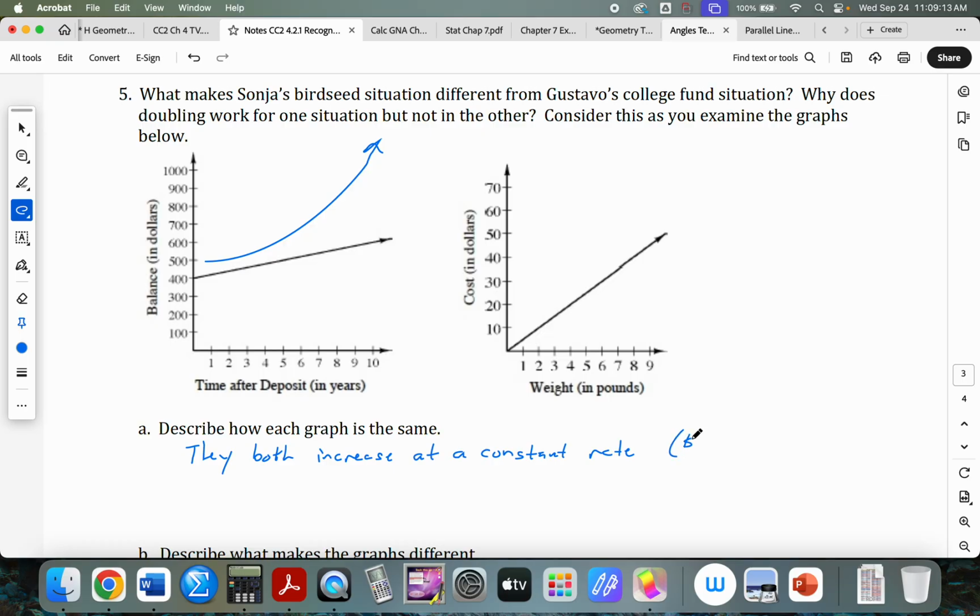Gustavo's was $20 per year. And Sonia's was, what was it, $6.75 a pound?